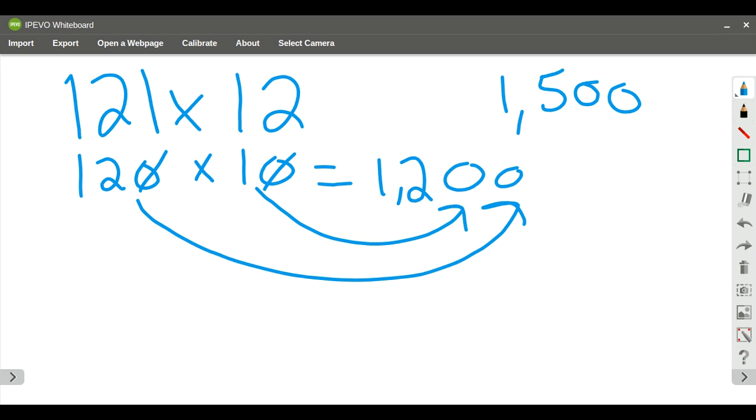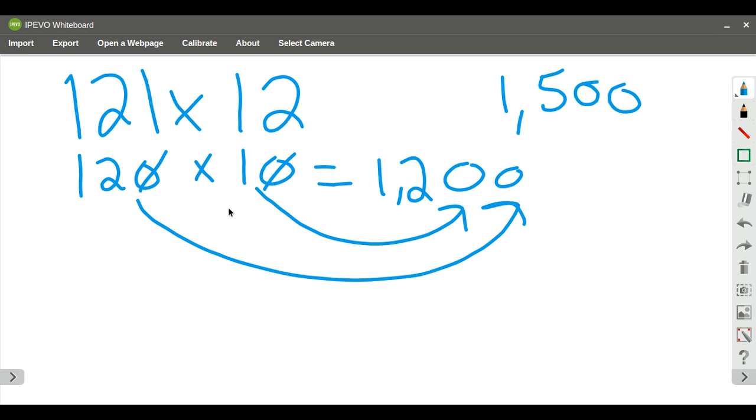Okay? So is he going to have a reasonable estimate? Nope, it's not reasonable. Look at how far apart these estimates are. So I have 1,500 and I have 1,200. Not a reasonable estimate.